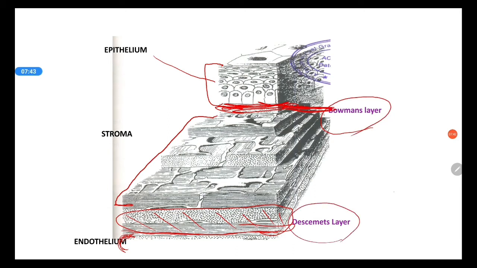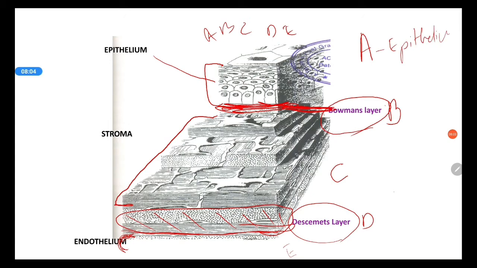So it's easy to remember with the mnemonic A, B, C, D and E. So it will be A, B, C, D, E. A stands for epithelium, B for Bowman's layer, C for stroma, D for Descemet, E for endothelium.